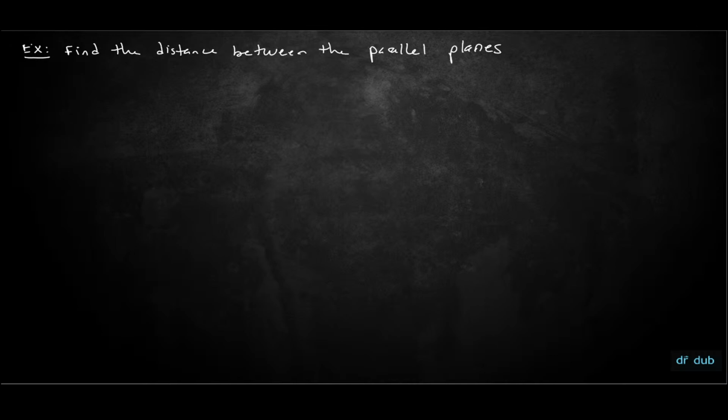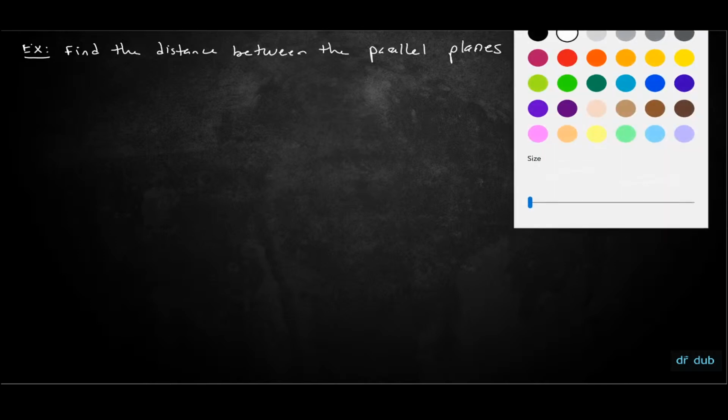The two planes are 10x plus 2y minus 2z equals 5, and 5x plus y minus z equals 1. So we can kind of see that the two planes are parallel. Just take the second normal vector and multiply it by 2 to get the first normal vector. So they are parallel.